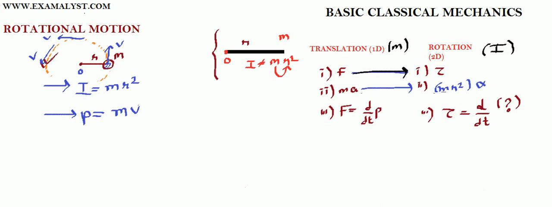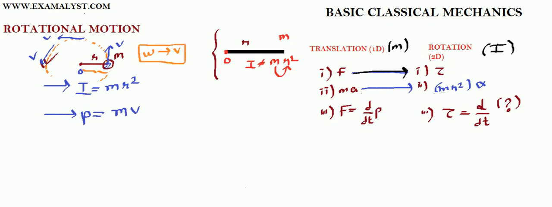But there is one interesting thing. If this string of length r starts moving at a particular omega, and omega is constant, then the velocity is also constant, I mean the velocity at the edge.